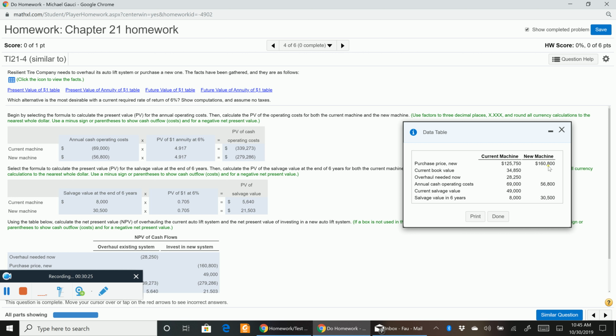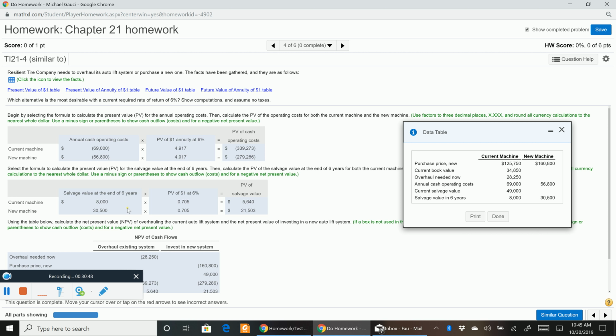But if I did that, my annual cash operating costs go down. Instead of $69,000 a year, it's $56,800. And the salvage value after 6 years is a lot higher than the current machine of $8,000. It's $30,500.